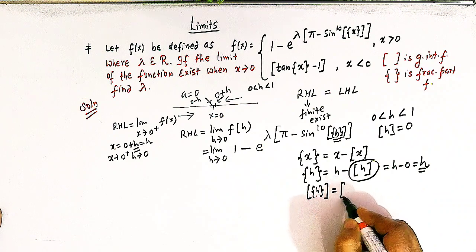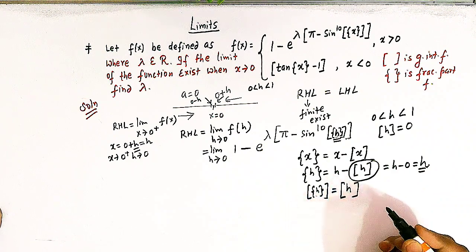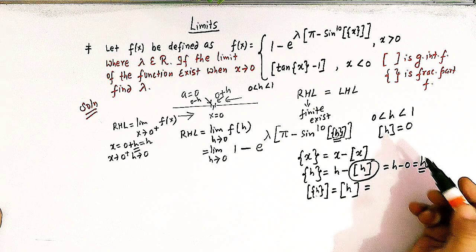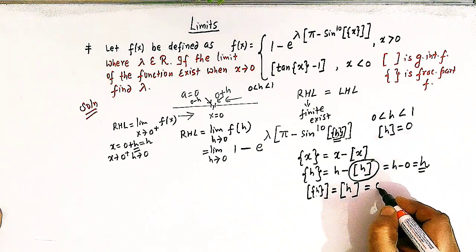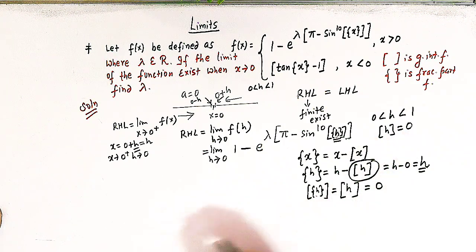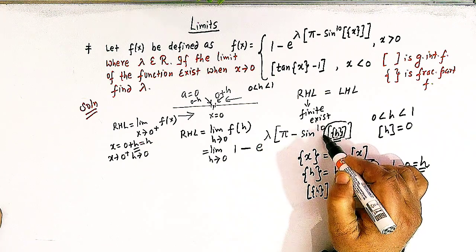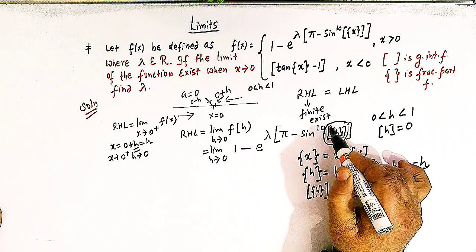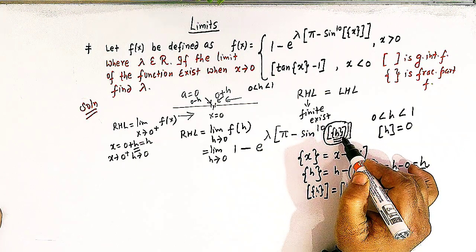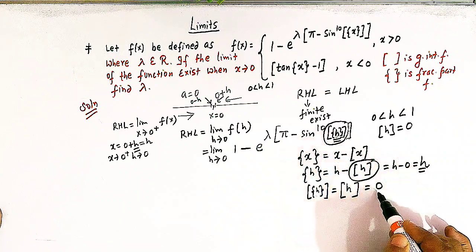So here we have the greatest integer of h, right? Now the greatest integer of h is 0. So this term, that is the greatest integer of the fractional part of h, is 0.